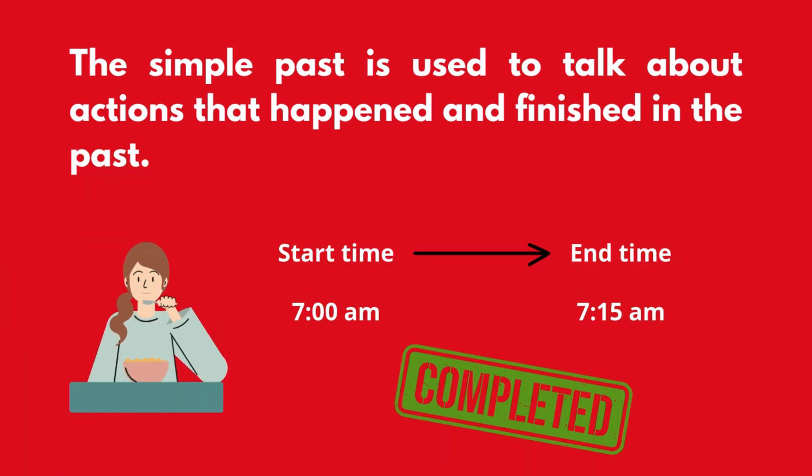So this is a completed action. She started at 7 a.m., she had breakfast and she finished at 7:15 a.m. She ate all the food on her plate. So because she completed the action with no interruptions, this is a simple past situation because it's a completed action.